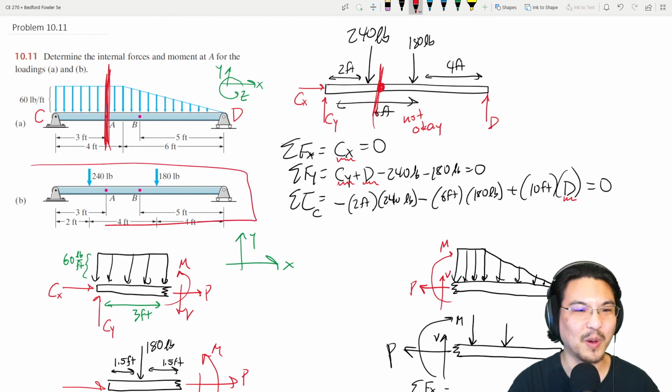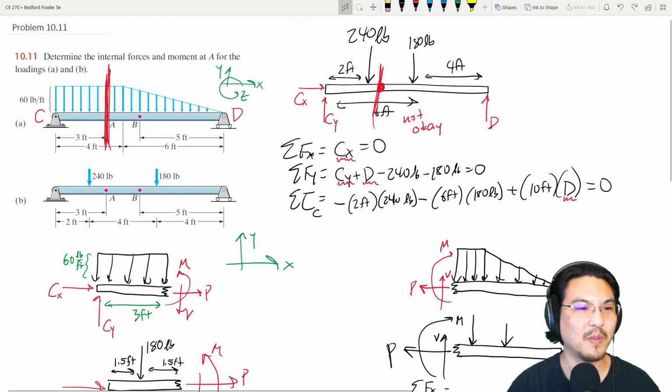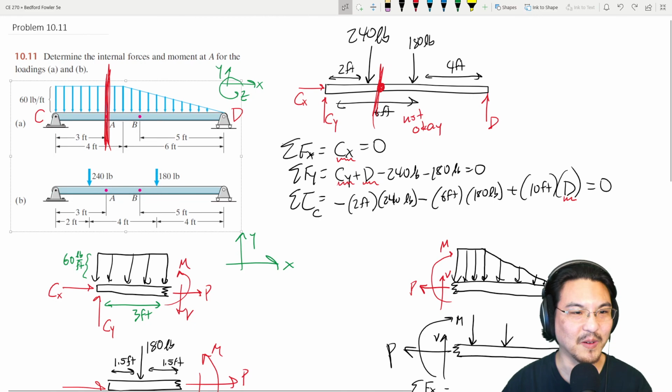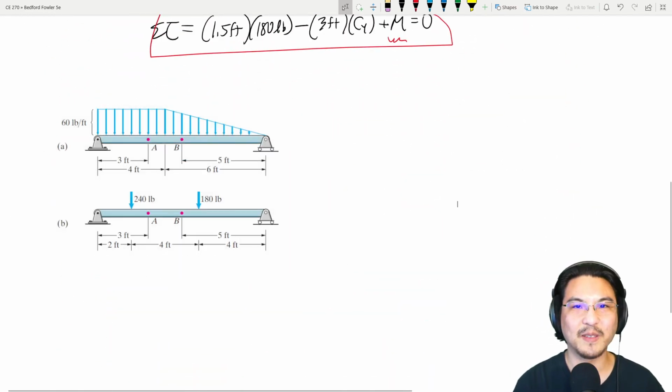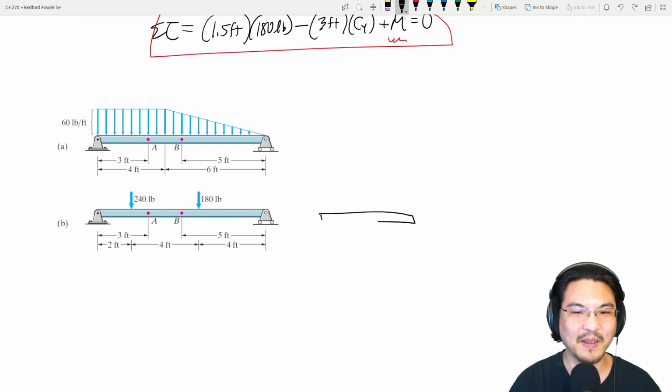So if you take this problem and then try and cut the section through A, let me just copy this over. Right, so let's focus on part B, this one over here. The free body diagram looks like this, here, right?